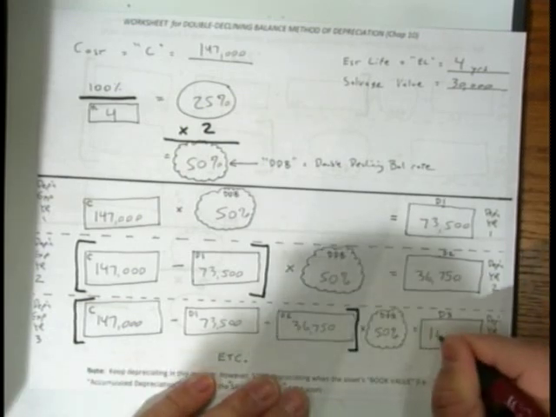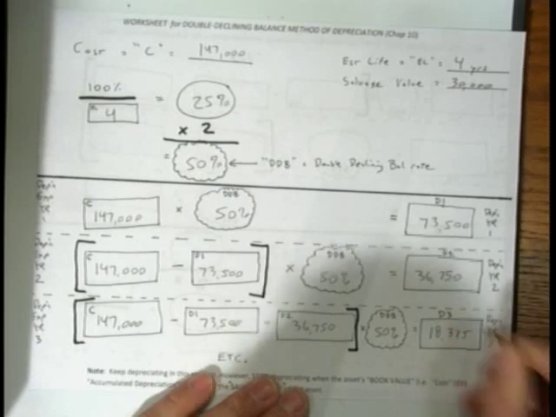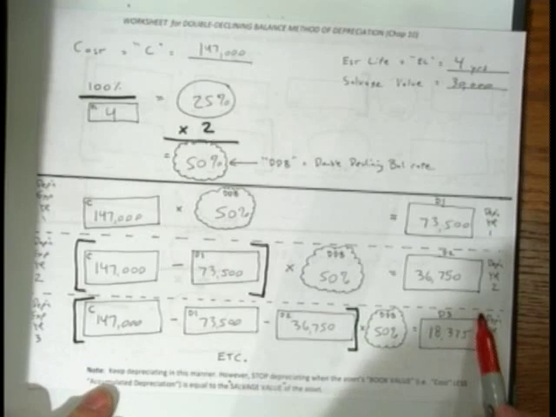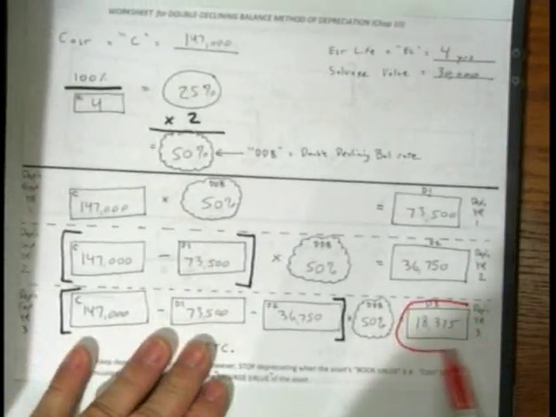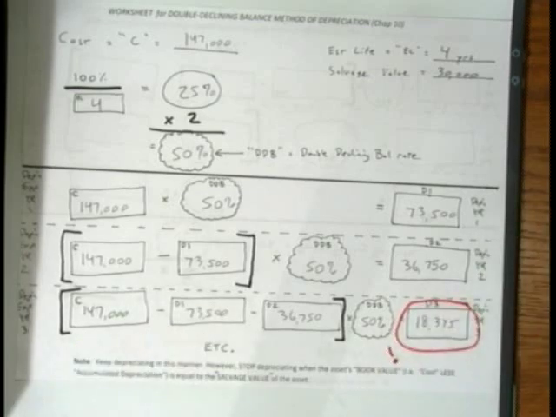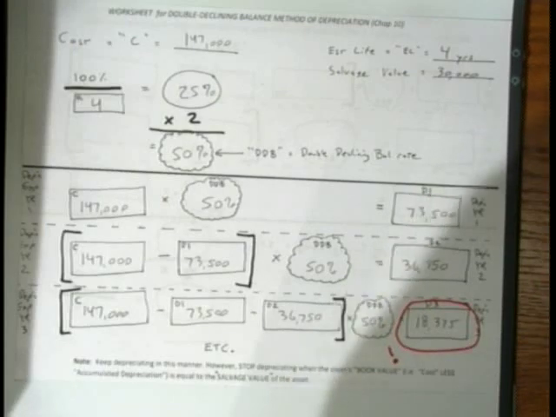Okay. You get 18,375. Is that correct? However, we're now at the stage where there's a problem, isn't there? Because we have now depreciated below the book value.